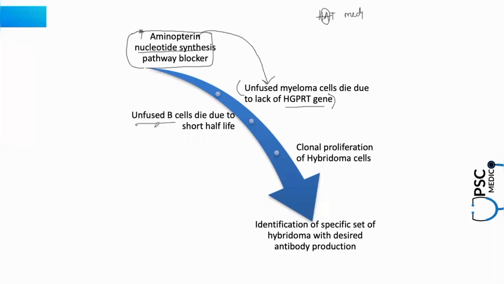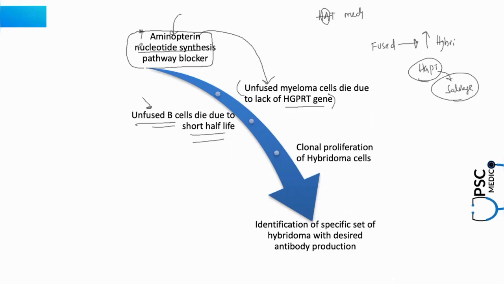And unfused B cells also die in the medium because they have a short half-life. But the fused B cell, because of the immortal property given by the myeloma cell, will replicate. So the hybridomas will replicate. And because of the presence of HGPRT, though there is an aminopterin blocker in the medium, the cell itself will use the salvage pathway.